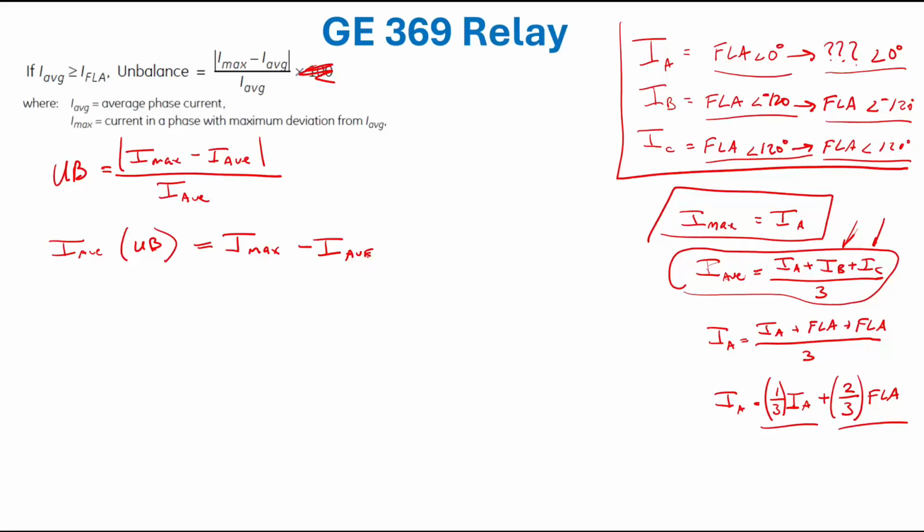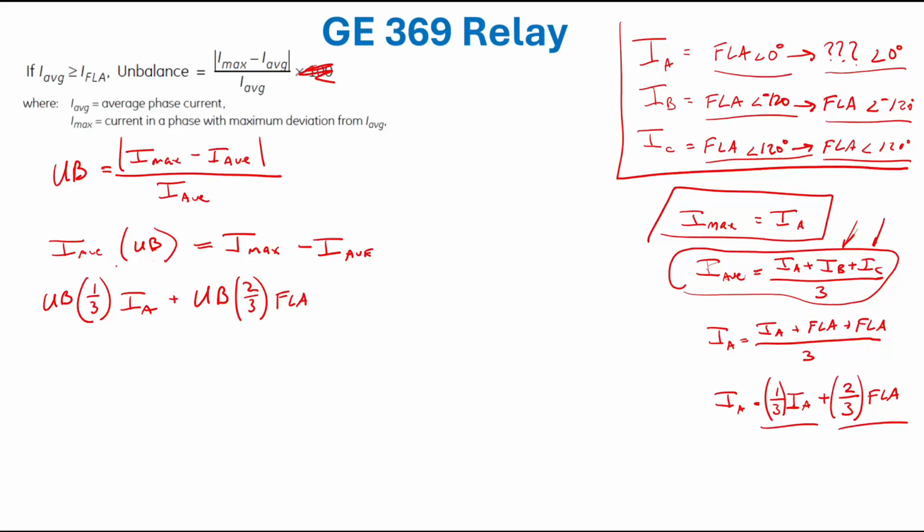Let's substitute our IAV in. Our IAV is going to be UB times, and I'm just going to distribute this right now. So it's going to be 1/3 of UB, 1/3 IA, and then plus UB again, 2/3 FLA. All right, that's all I'm doing.